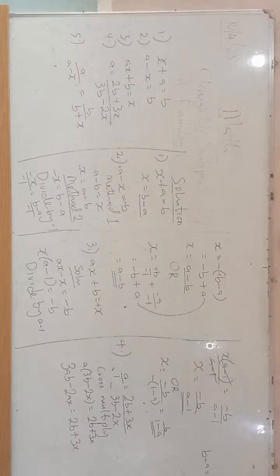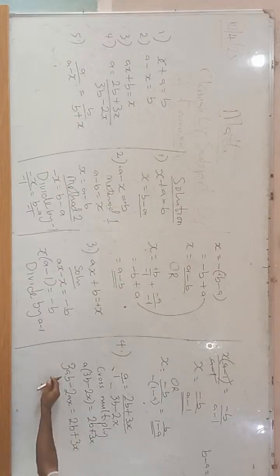Just in case you're wondering what happened, a multiplies everything in the brackets. A times 3b is 3ab. The a was written in front because we followed alphabetical order, and the same applies here: a, I wrote it before x. If I had written a after x, would this be correct? Yes, it would still be correct.